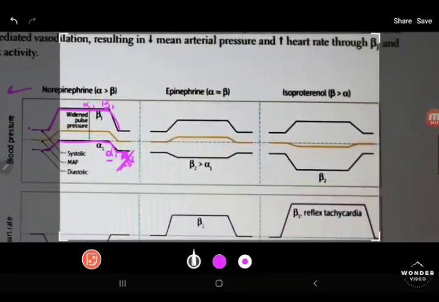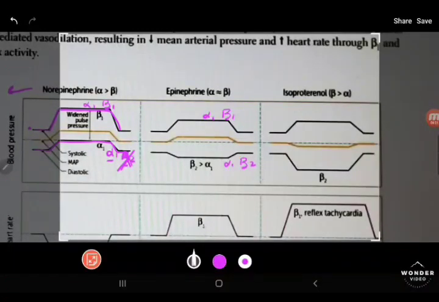Now let's move forward. Write down alpha 1, beta 1, alpha 1, beta 2. Now what do we know about epinephrine? We said that epinephrine has an effect on alpha 1, on beta 1, and on beta 2. So that means it has an effect on all three receptors that we're taking into consideration here.